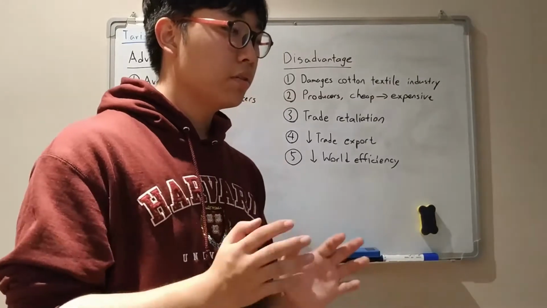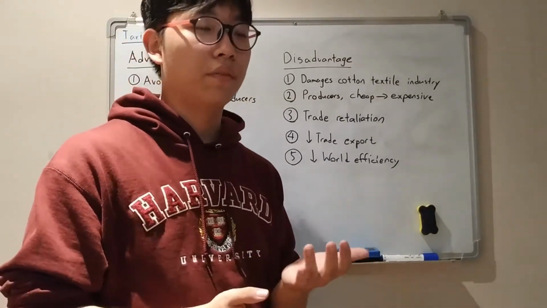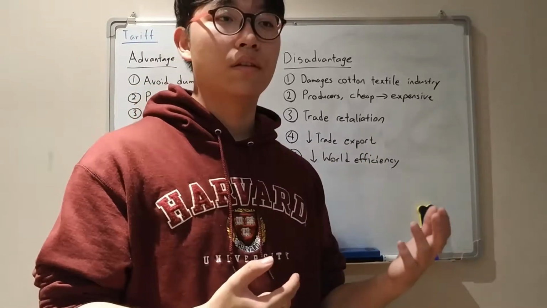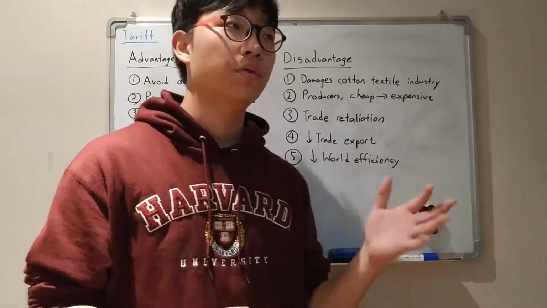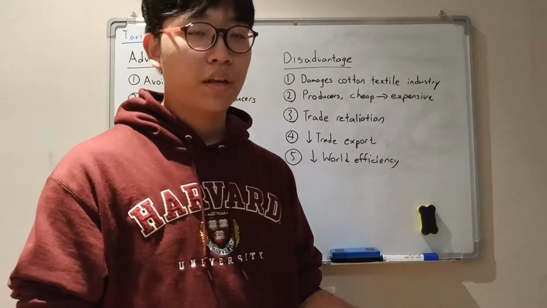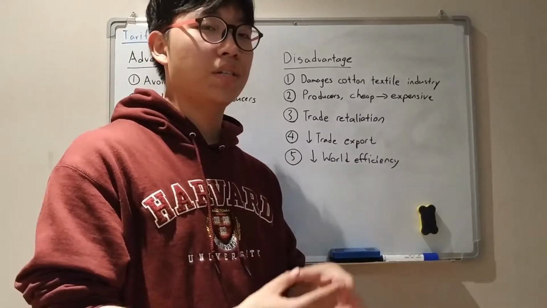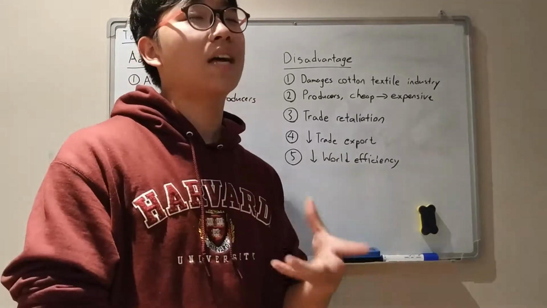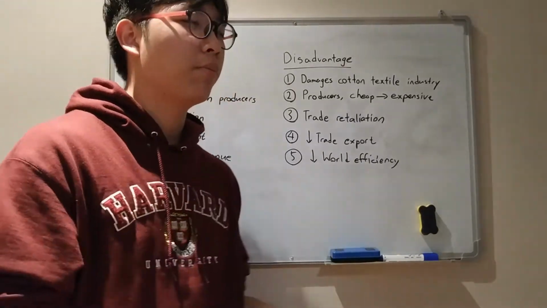So according to the theory of comparative advantage, the country who has a lower opportunity cost should specialize in creating this product. And in this case, the US does have the comparative advantage because they're capable of dumping.